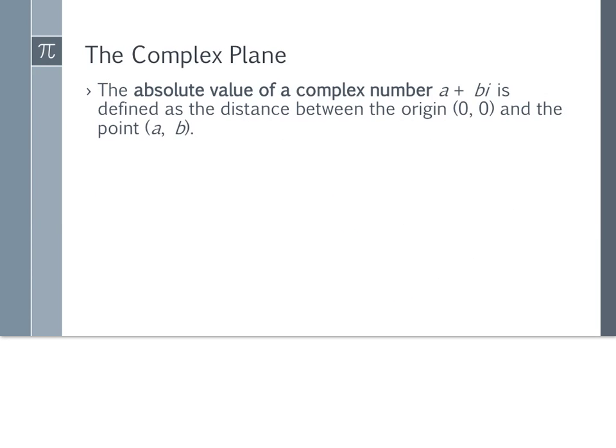And specifically, the distance between the origin and a point that's plotted on the complex plane, we're going to take the absolute value of that complex number a plus bi, and we're going to define that distance as r. So specifically, let's go ahead and graph something. Let's take our example 1 plus 2i.